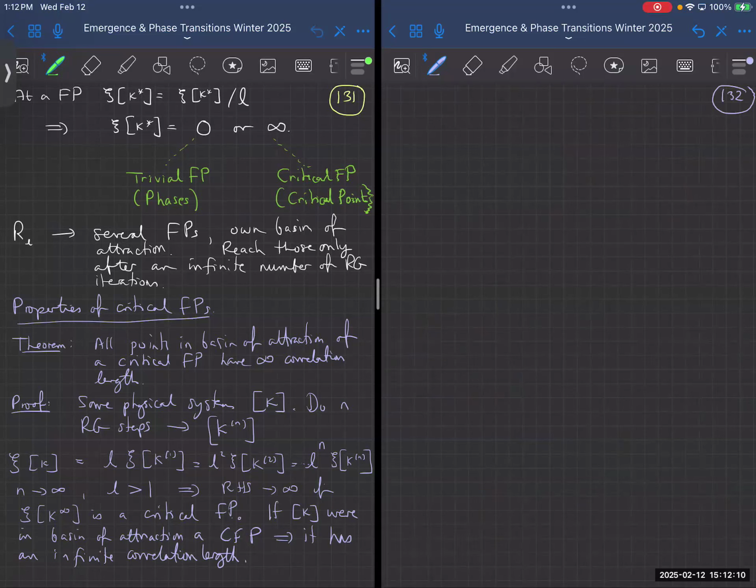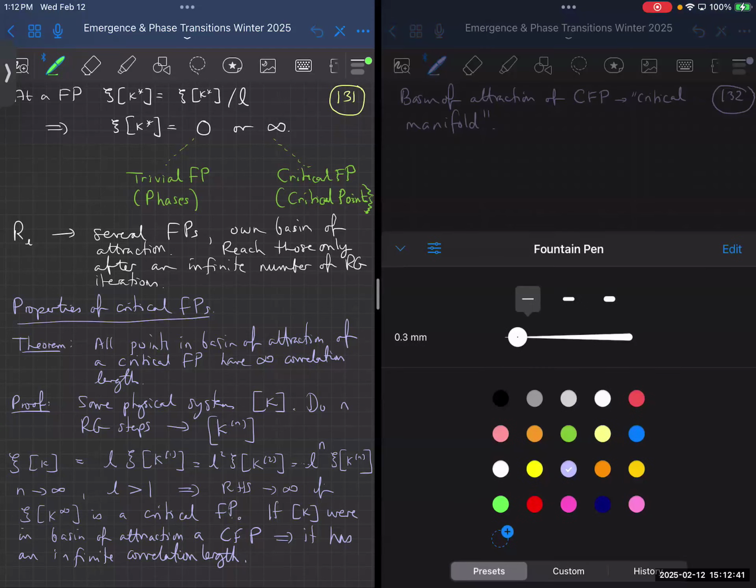So let me draw you a picture. We're going to call the basin of attraction of the critical fixed point the critical manifold. Okay, that's just a name. So let's draw the critical manifold.